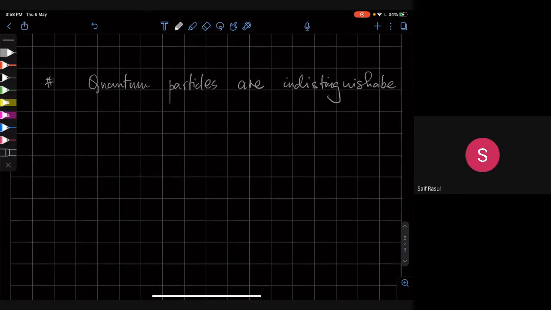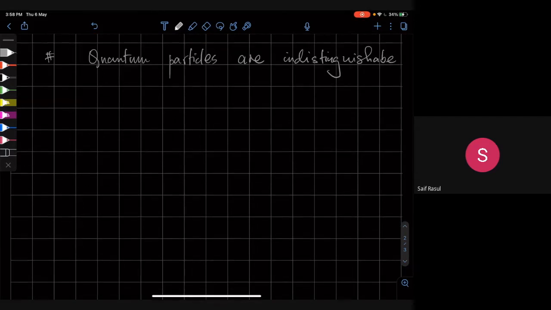So let's start by considering the two-particle wave function. You've seen the Schrodinger equation. Now suppose that we had two particles.